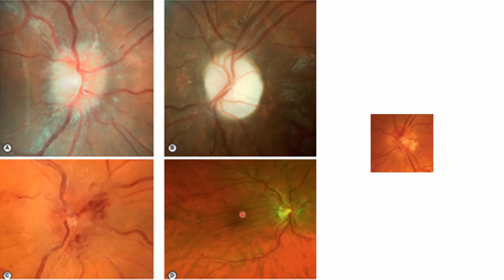Here you can see the folds of the retina and the choroid, and here you can see the opticociliary shunt vessels over the disc. You can also see these shunt vessels on the disc here, but sometimes they look like a hemorrhage.